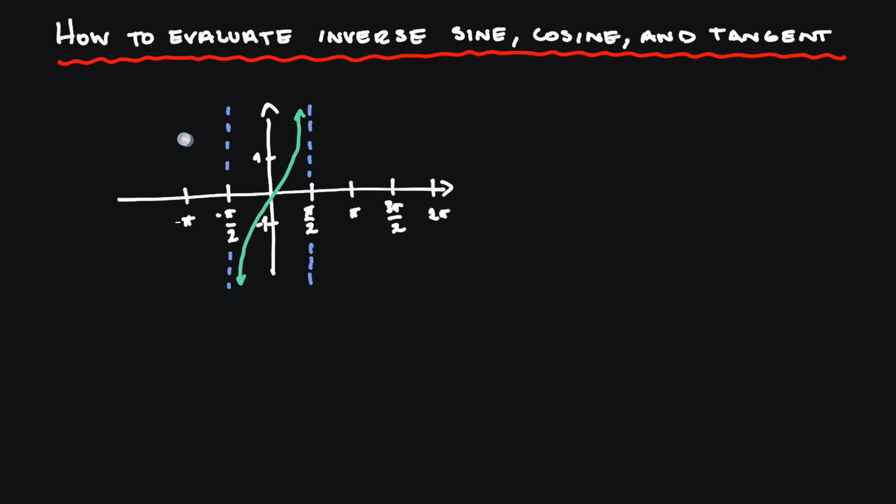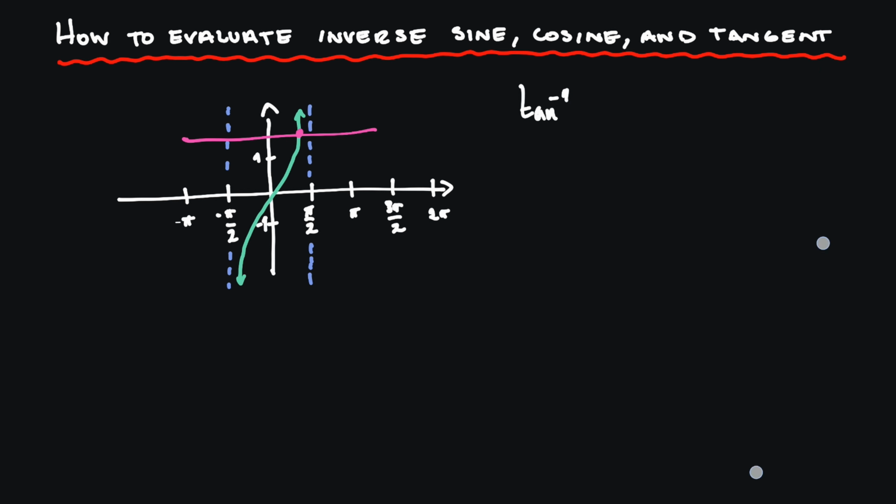Then if we apply the same line test, now we only have 1 point. So that means that the function like this is a one-to-one function. So we're going to have an inverse. We can create an inverse function, and we're going to call it the inverse tangent, of course.